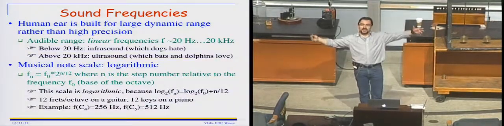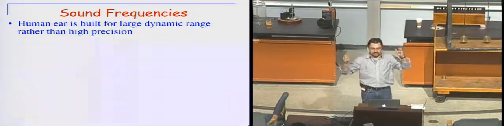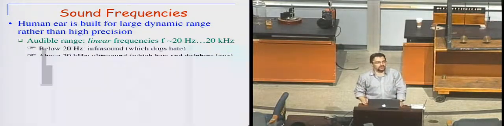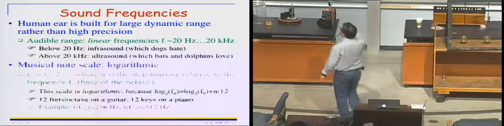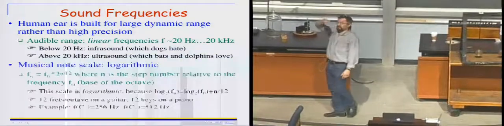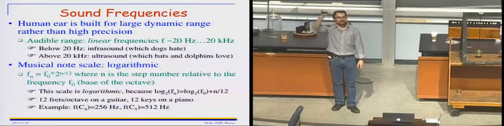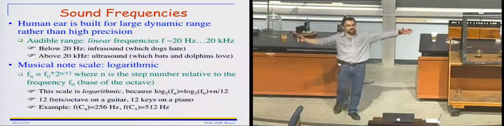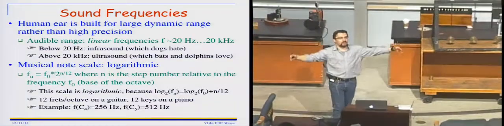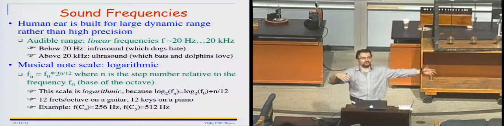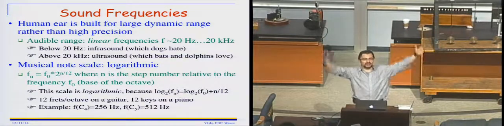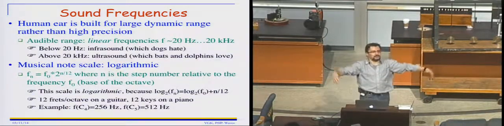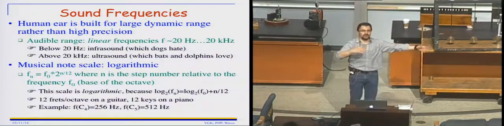As I said, the typical vibrational frequencies various objects produce depend on their size. So if a big animal is coming to you, they probably produce sounds at lower frequencies. They're big, they don't vibrate very quickly, they produce low frequencies.